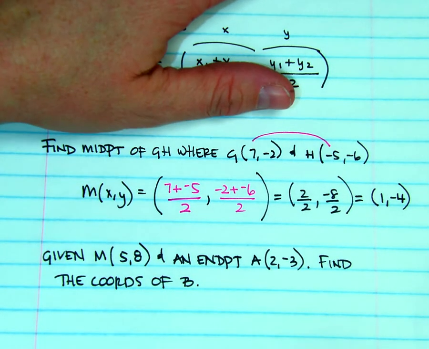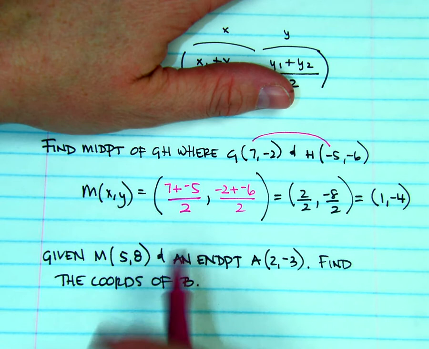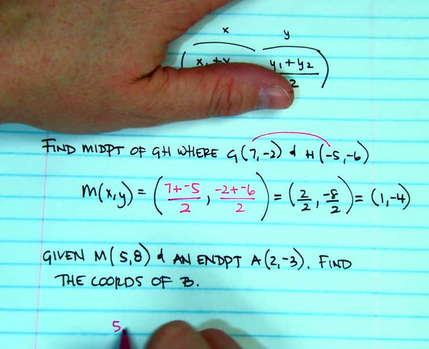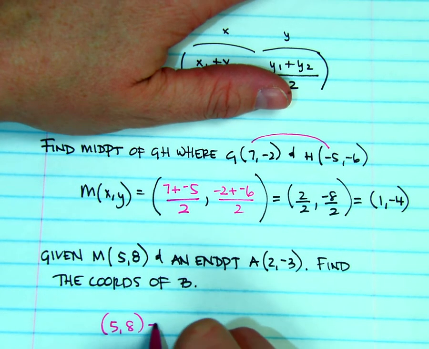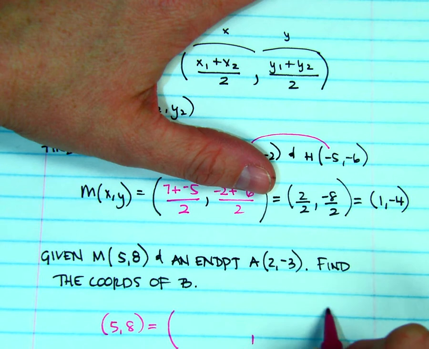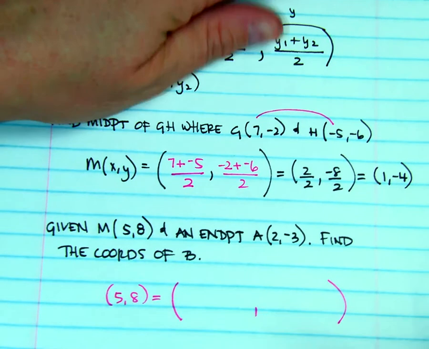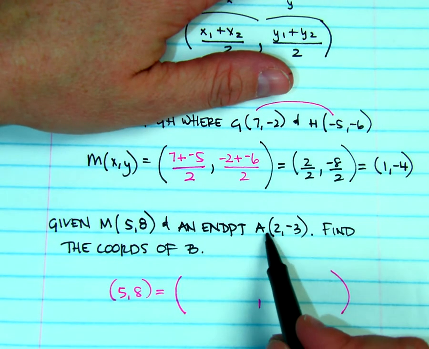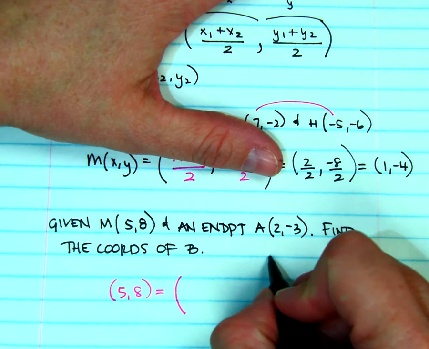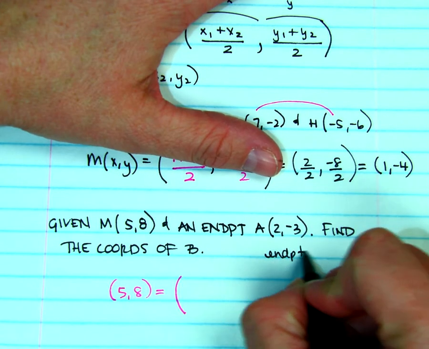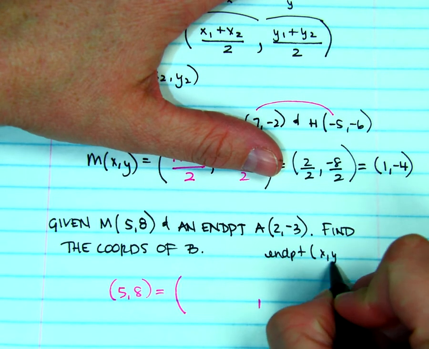We're just going to set it up a little bit differently. So my midpoint is 5 and 8. That should equal the average of my x's and the average of my y's. I only have one endpoint, so my other endpoint that I don't know, I'm just going to label x and y.